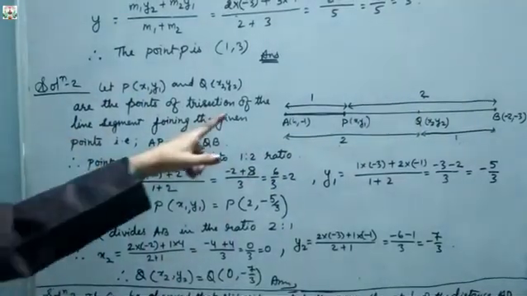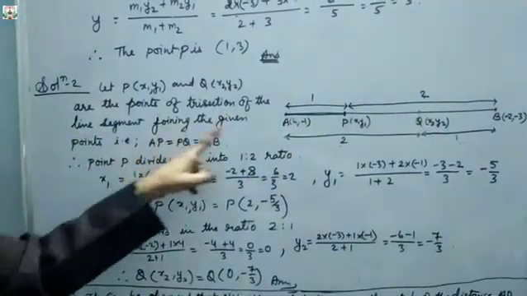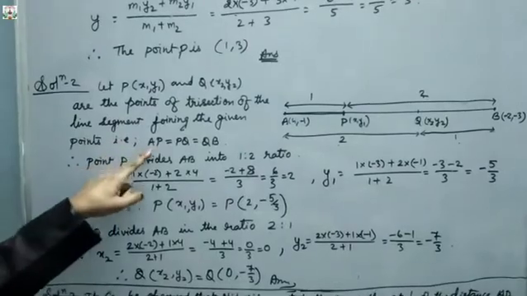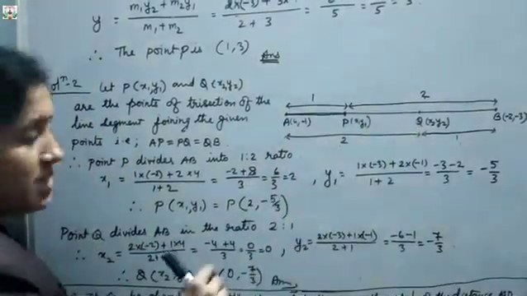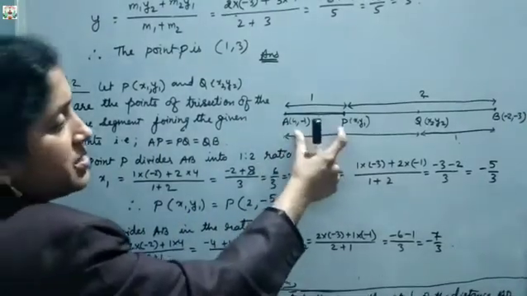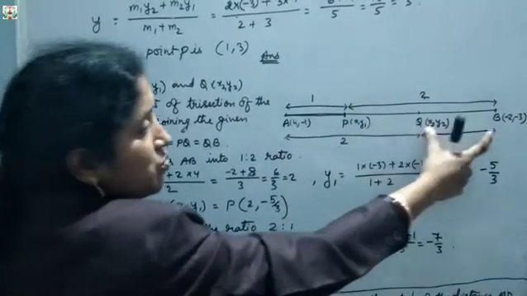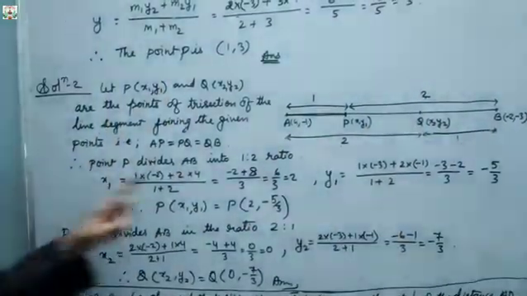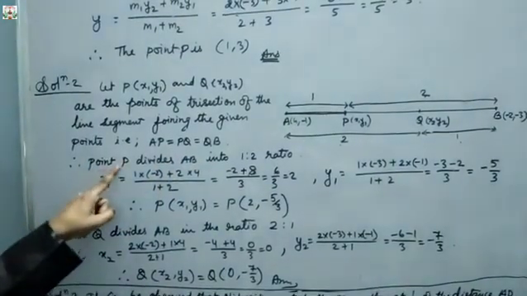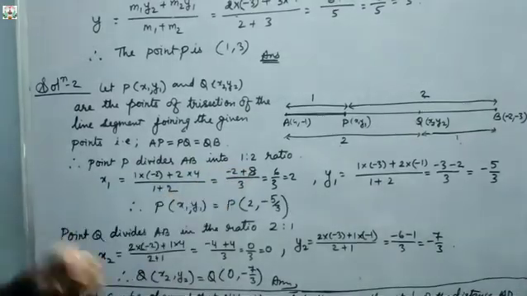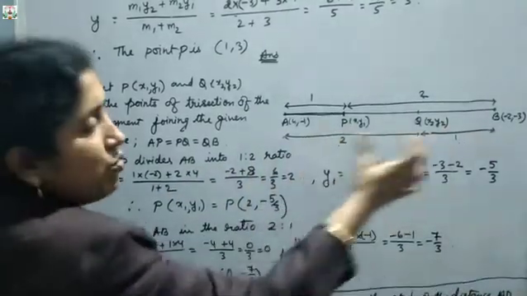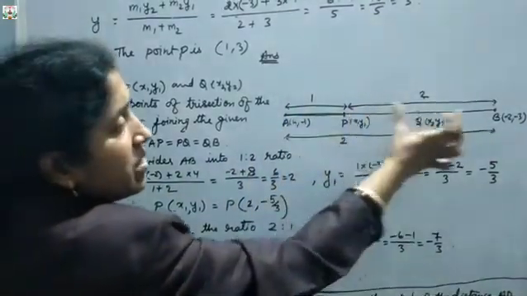The line segment joining the points, that is AP equals PQ, because all are equal as I said. So AP is equal to PQ is equal to QB. Therefore point P divides AB in 1:2 ratio, because all are equal. This is 1, this is 1, this is 1.